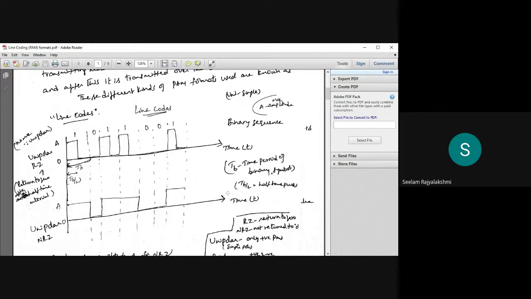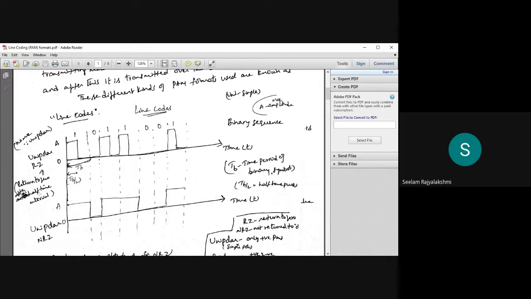If we compare these two formats, RZ and NRZ, you will see NRZ pulses are wider when compared with RZ pulses. Hence these are unipolar formats, single polar.